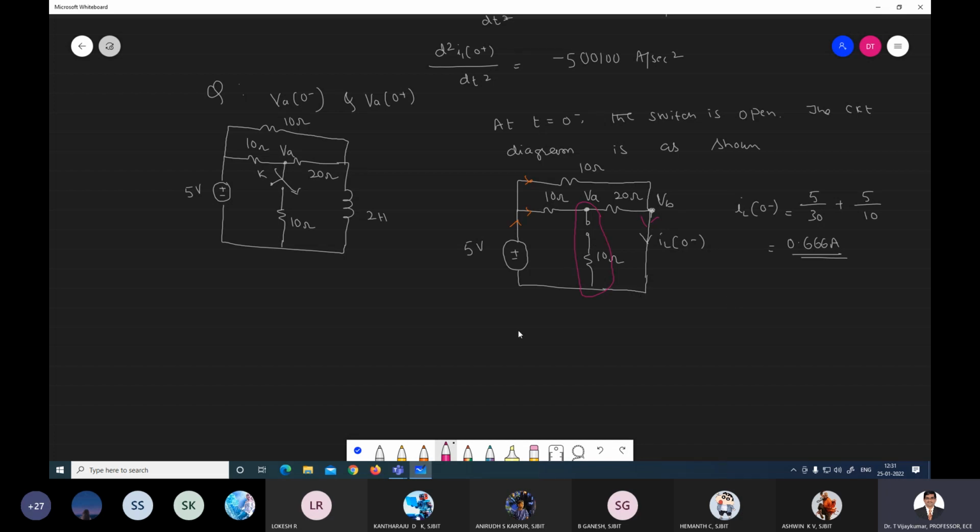VA at 0 minus is equal to 20 into 5 divided by 10 plus 20. How much is it? 3.33 volt.